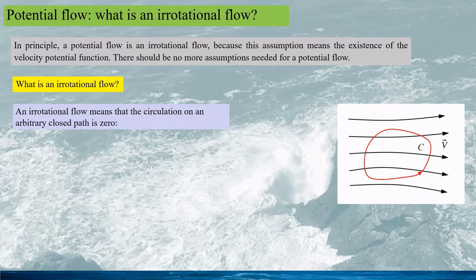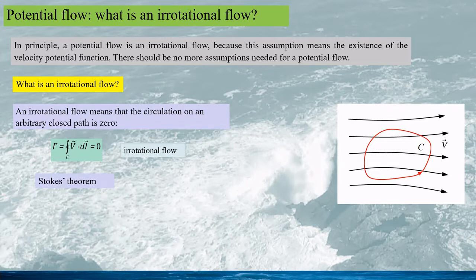The definition is that the circulation of a fluid velocity vector on an arbitrary closed curve is 0. For instance, for the arbitrary closed curve C in the fluid here, its circulation is calculated as this. If the circulation is 0, then the flow is irrotational.